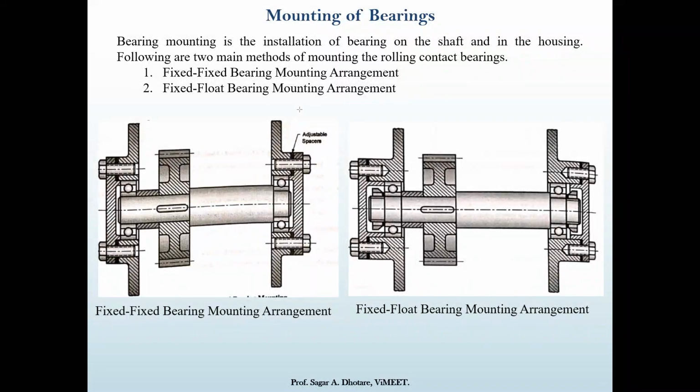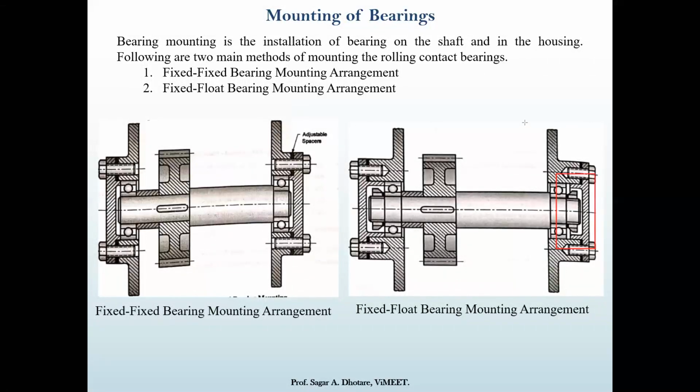Second one, the fixed and floating arrangement. In the fixed and floating arrangement, one end is fixed and the other end is kept floating. The inner races are backed up against the shaft shoulder and are held in position by a locking nut threaded on the shaft. You can look at the difference over here.